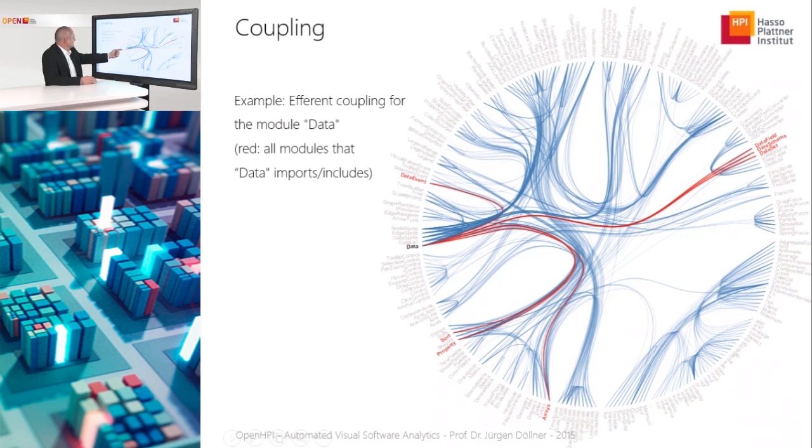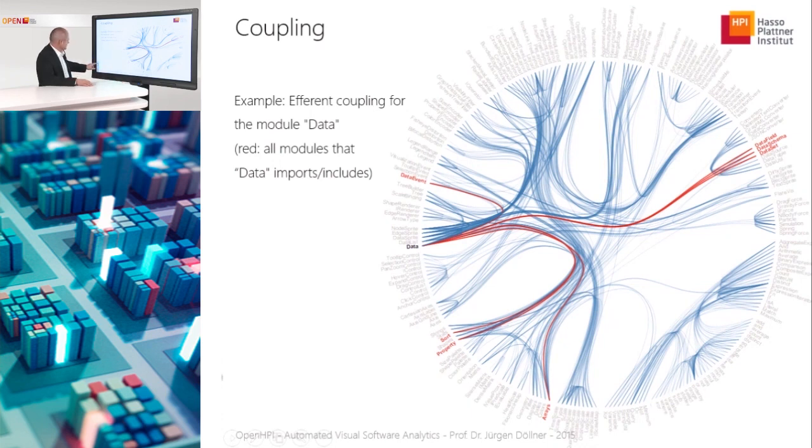So we ask, where are the modules that data imports or includes? Data includes, for example, data event or data field, data schema, data set, and these other red marked modules. So this is a view on the specific module data, and it shows the efferent couplings of this module.